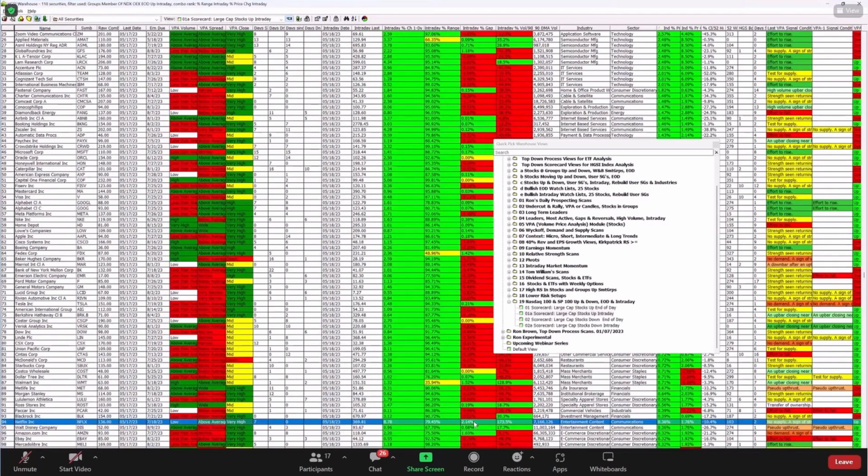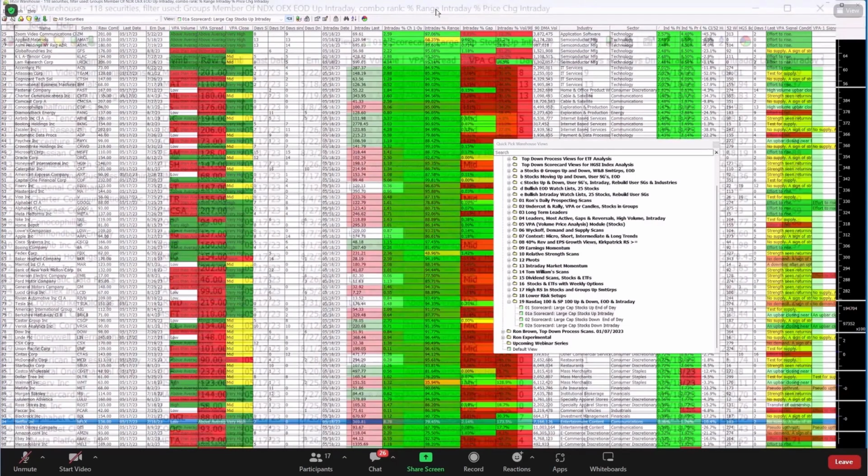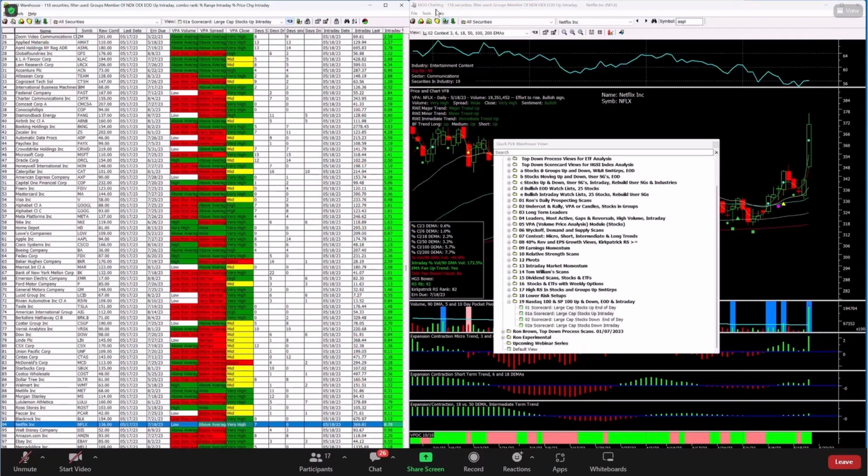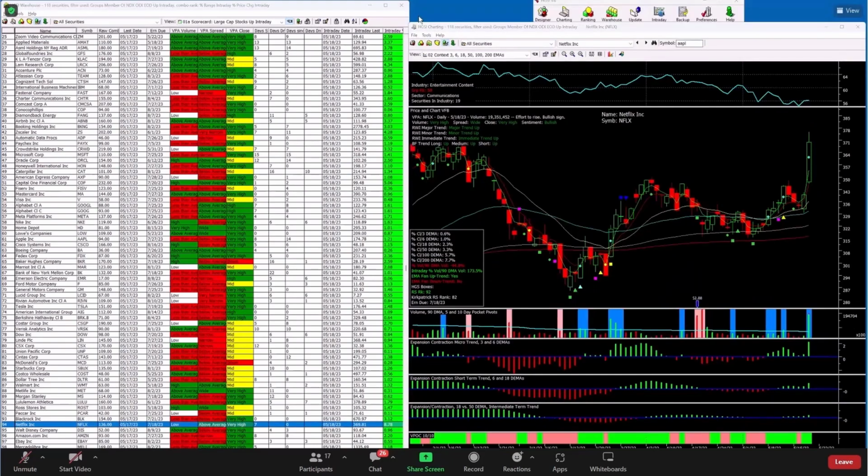Well, this is why it didn't come up in that 100 list. It's only up 2.14%. Such a big stock that the percentage move wasn't that great. But the original one I showed you, the 100 stocks, really gives you a good feel for what's moving during the day.